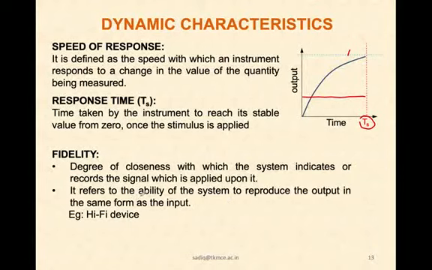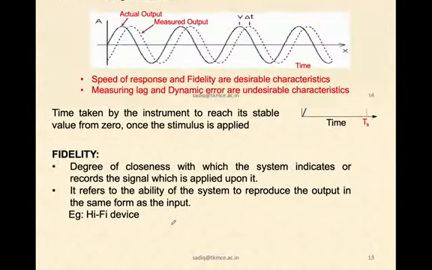That means if the system is capable of reproducing the output in the same form as it is available, then it is a high fidelity instrument. We have heard this hi-fi term connected with our music systems. That means a system, if it is capable of picking the input signal and copying it as such, or reproducing the existing output signal as such, is called a high fidelity instrument, a hi-fi device.